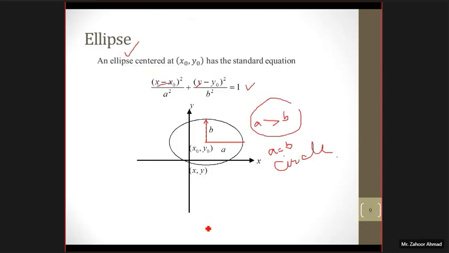If you see from the picture, x0 and y0 are the center of the ellipse or the circle, from where you are going to draw the picture. You can draw it from this center, or from anywhere in your graph. If you draw it from anywhere, then x0 and y0 will be the center of this object.